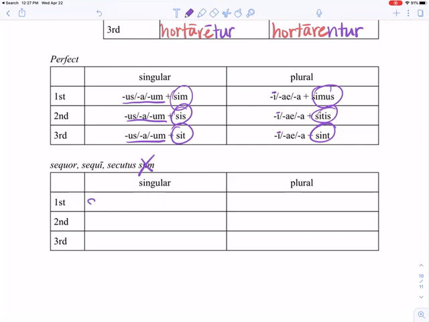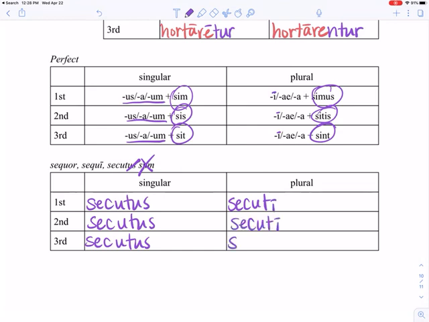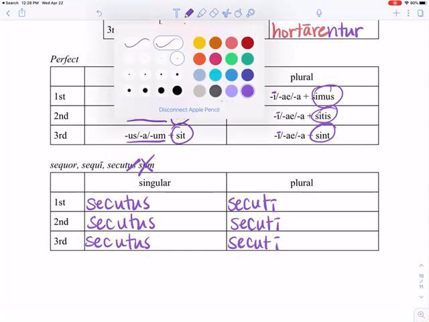But I do need secutus. And you can see I'm making it masculine. So in order to make it plural, I'm going to drop the us and add that I with a macron for the plural. So I have secuti. And then I just need my forms of sum.